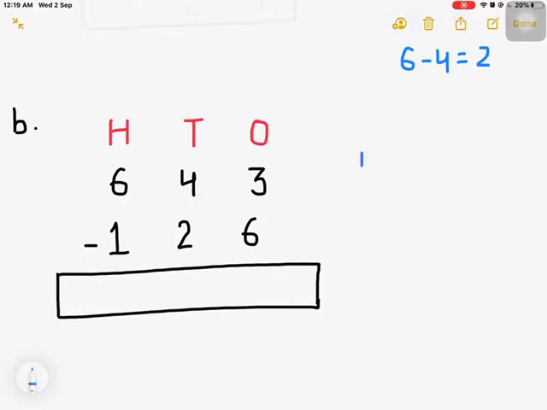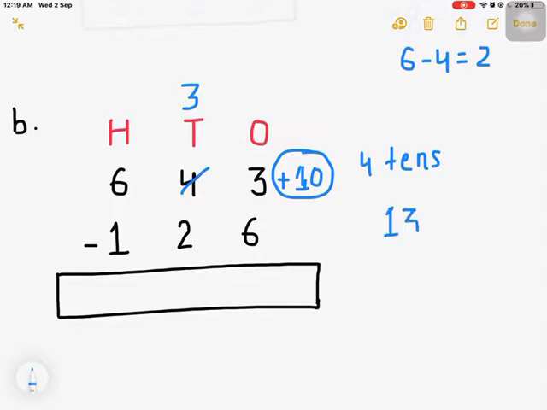Here we have 4 tens. 3 minus 6, we could not subtract 6 from 3, so it gives 1 ten. So here it remains 3 tens. So 13 minus 6, it is 7 here.